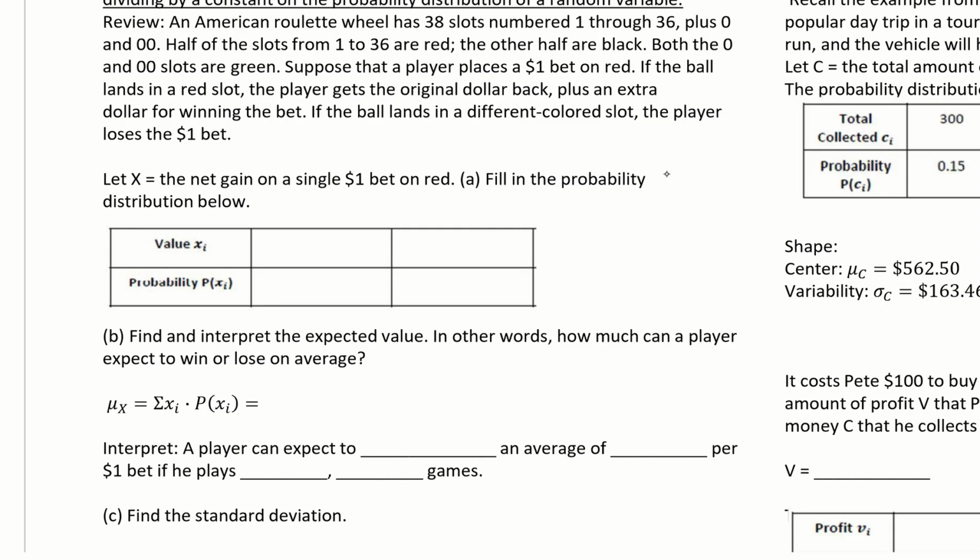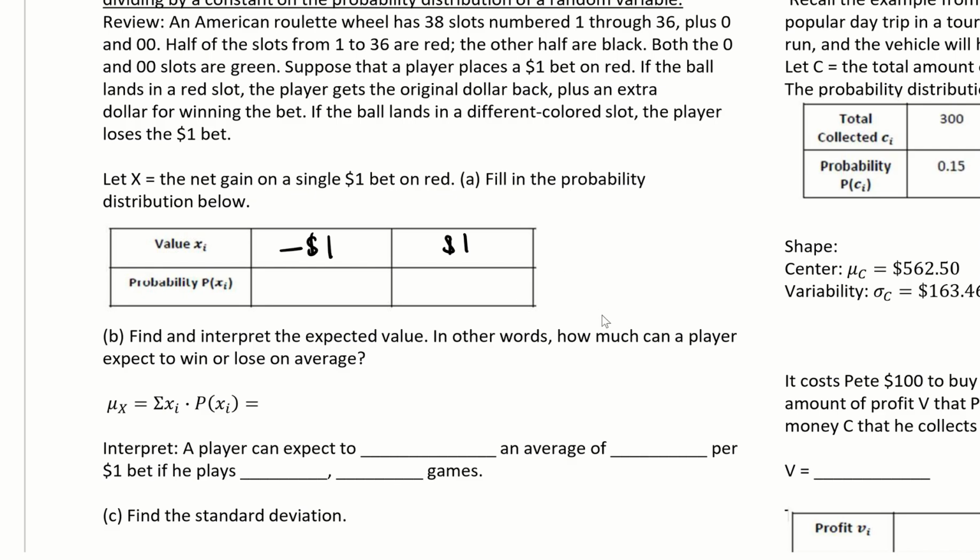So let's talk about if they lose $1. Here they lose $1, and here they gain $1, right? Okay, so X is the net gain. So either they net loss or a net gain of $1.